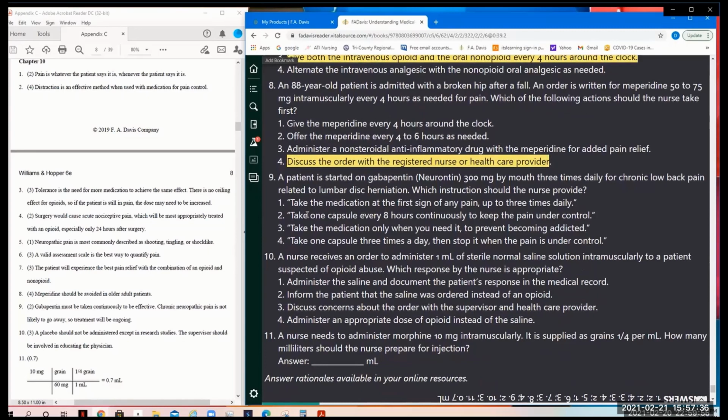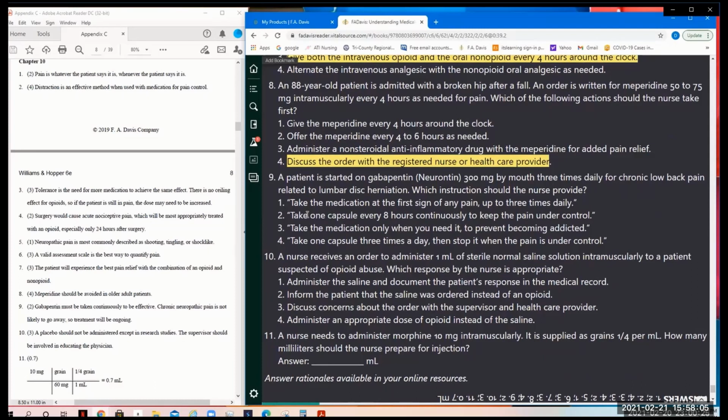1, take the medication at the first sign of any pain up to 3 times daily. 2, take 1 capsule every 8 hours continuously to keep the pain under control. 3, take the medication only when you need it to prevent becoming addicted. 4, take 1 capsule 3 times a day, then stop it when the pain is under control.